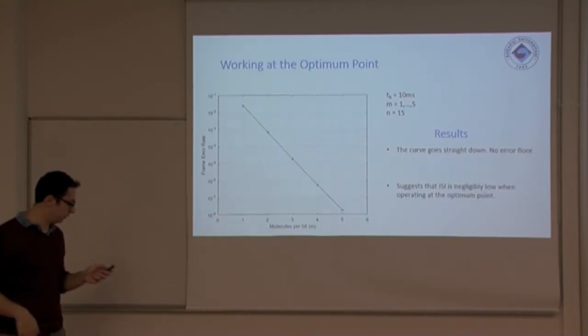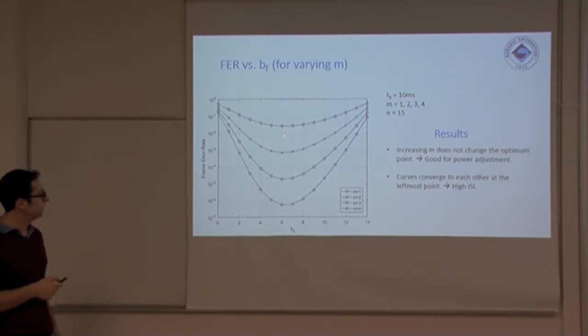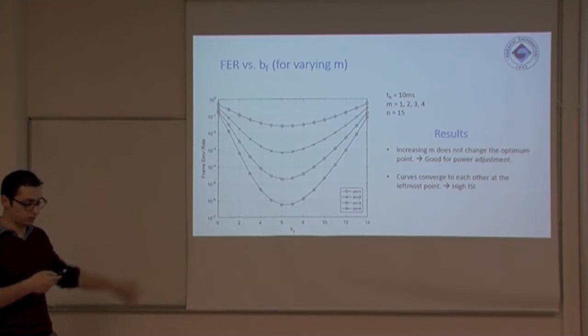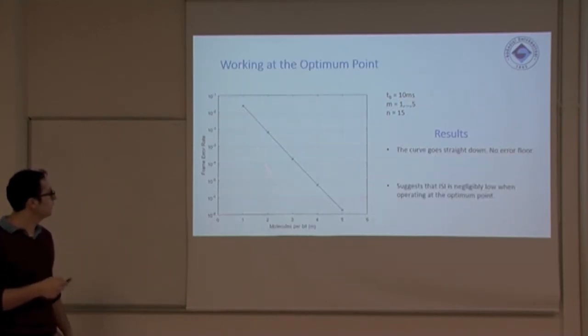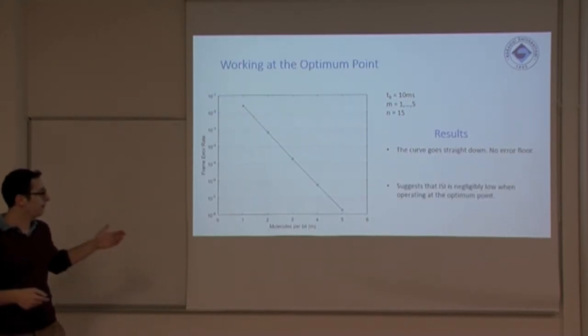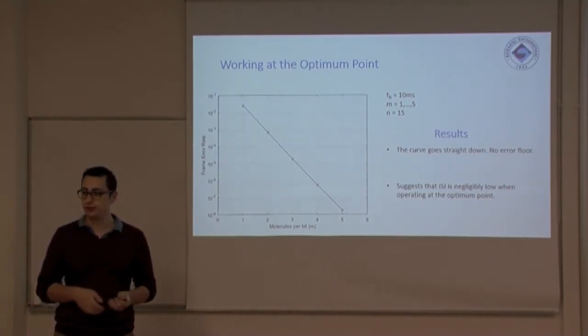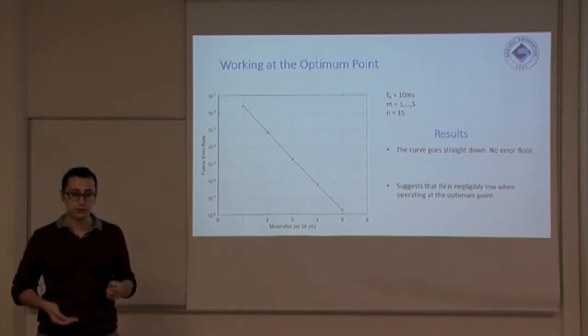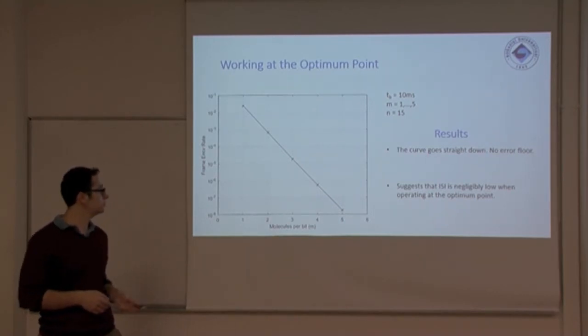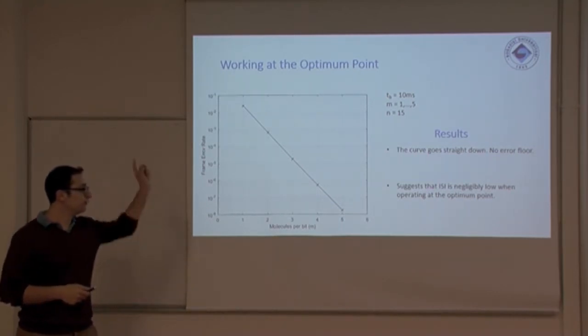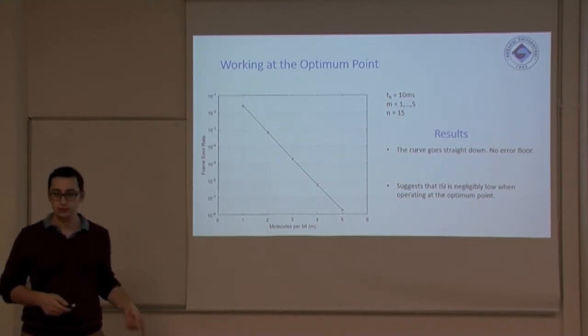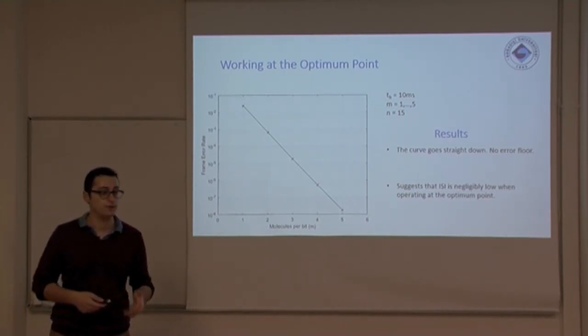And at the optimum point, just note that I've taken the points at the optimum point and plotted them, and this is what we end up with. The curve is a straight line, and for people who are not familiar with digital communications engineering, if the curve goes straight down, this corresponds to the case that we have no error floor.